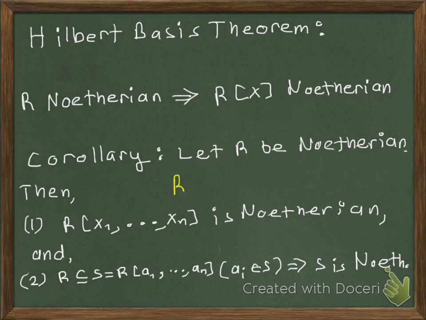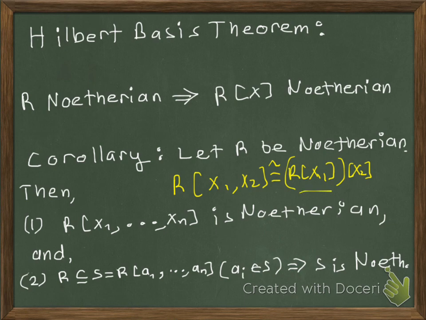To see how this is done, let's just note that, for example, in the case of two indeterminates, this ring is isomorphic to R[x1] and the polynomial ring over it with x2 as the indeterminate. So these two rings are isomorphic in an obvious way, so that if R is Noetherian, then so is R[x1] at first, and then upon a second application, so too is R[x1, x2].